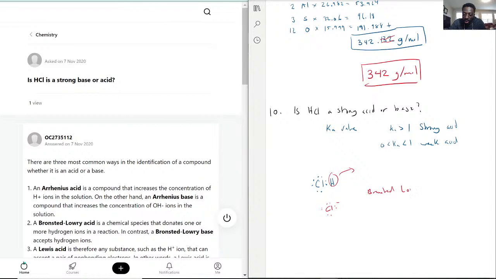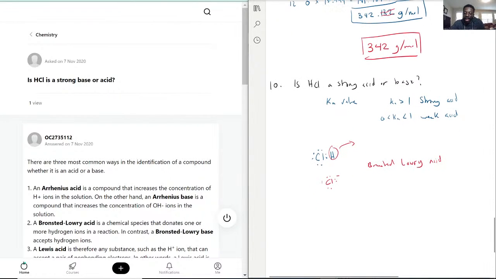So now we at least get a hint of what this answer would be, because it's giving away its proton, so it does count as an acid. In fact, if you write down the whole formula for it, it'd be HCl plus water, because that's usually what it's in in solution. And it would actually completely, well, we don't know that yet, so we're just going to put the line like that.